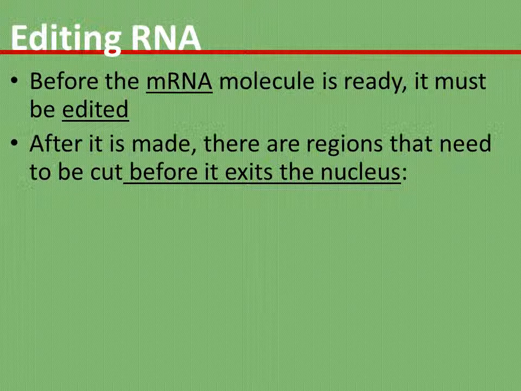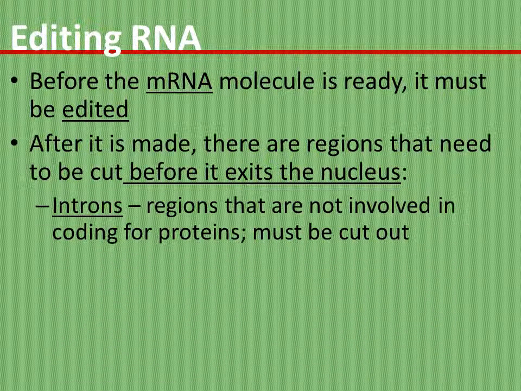It has to get cut and then put back together. It's really weird. There are regions called introns that are not going to be involved in any kind of coding at all. They don't do anything. They have to be cut out of the mRNA before the mRNA is ready to be used for protein synthesis.